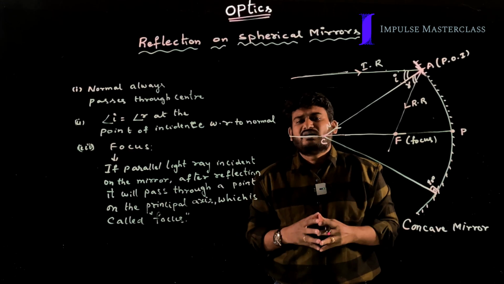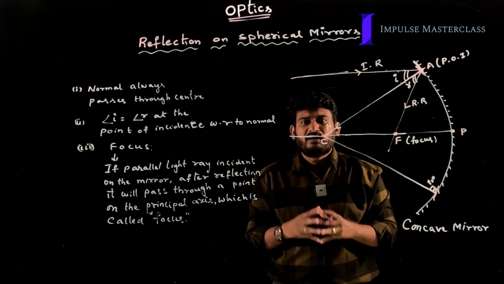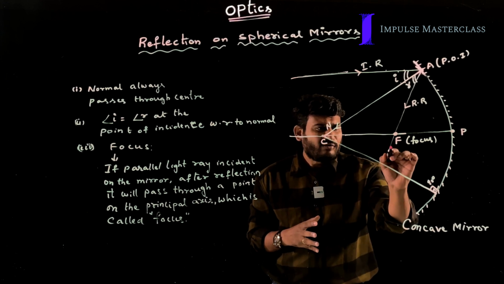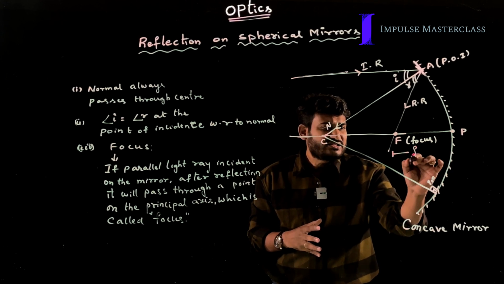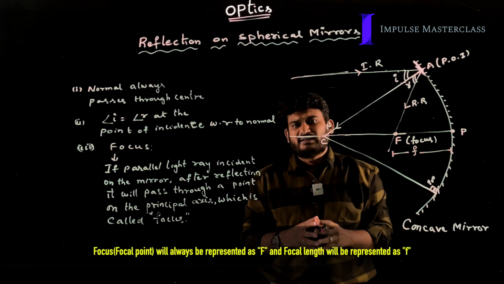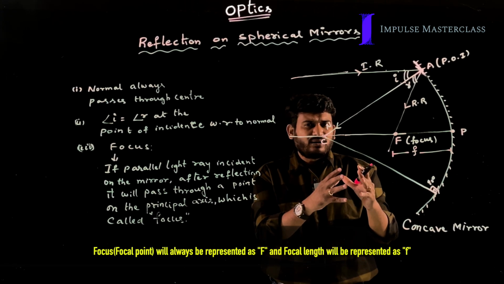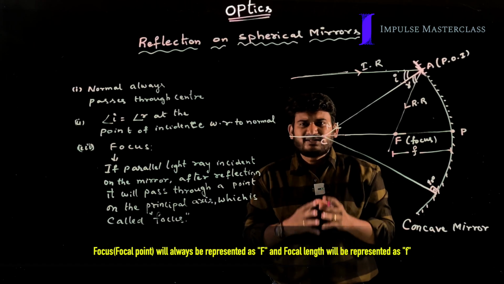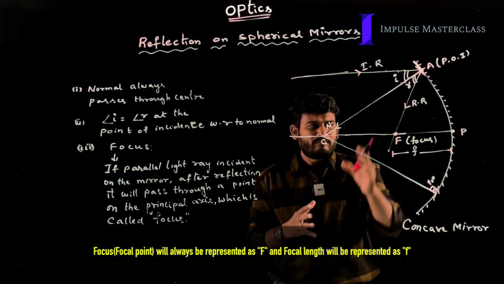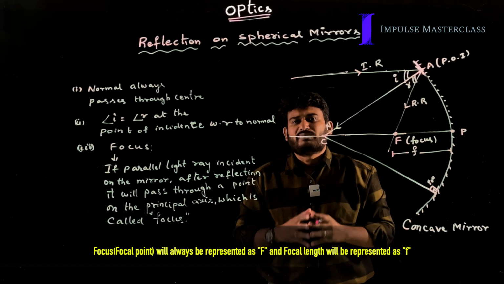Where it intersects the principal axis, that point is called the focus. The distance from the focus to the pole is called the focal length. So finally, what I conclude from this concept is that focal length is nothing but the distance between the focus and the pole of the mirror.